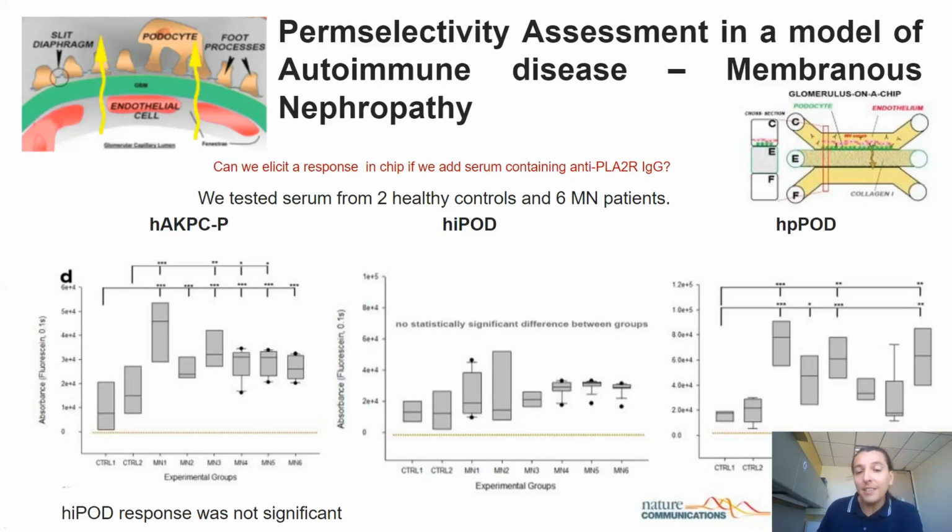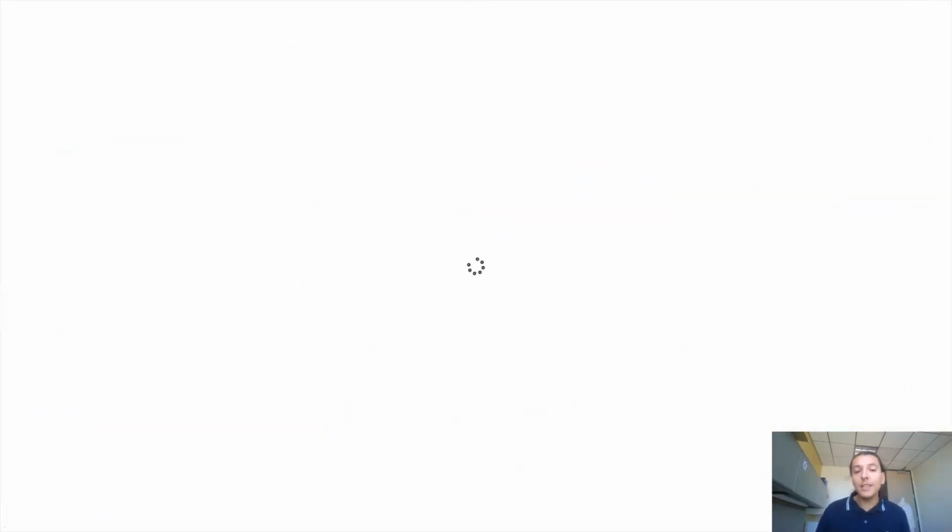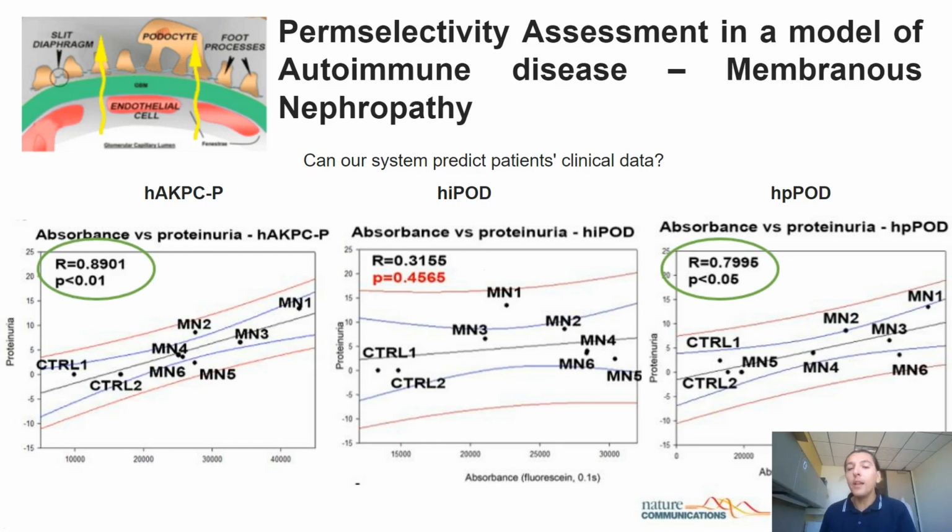We were very excited to see that we were able to find a response of the chip to membranous nephropathy sera. But we were even more excited when we went back and looked at the correlation between the proteinuria that we were measuring on the chip and the proteinuria in the patients at the time of the blood drawing.